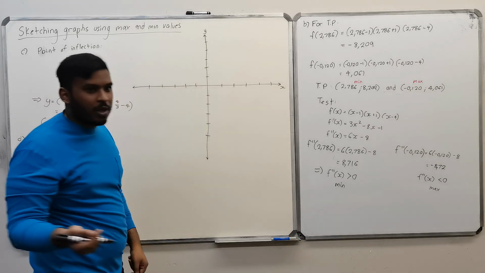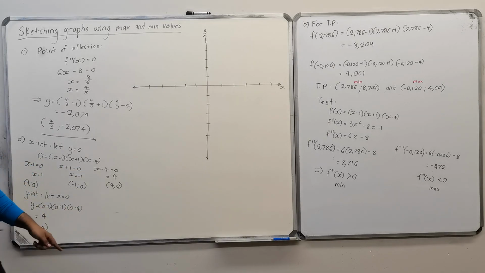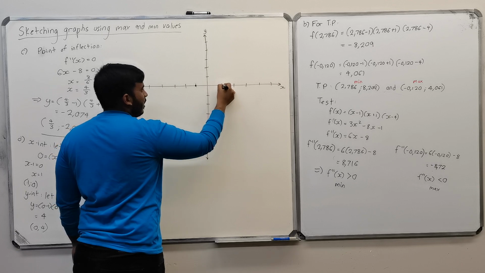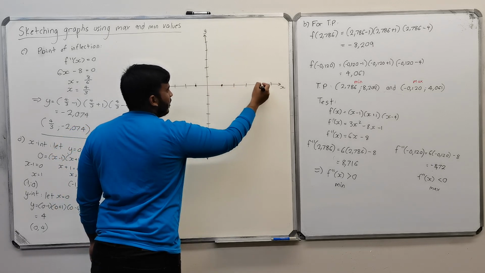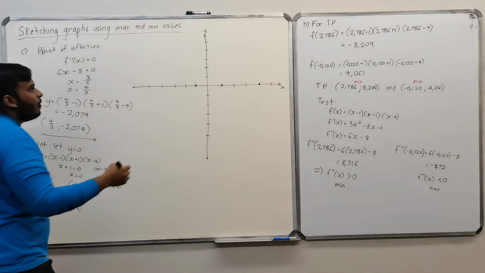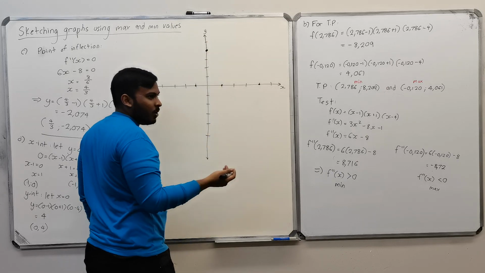Let's start with our x-intercepts first, right? It's 1, minus 1 and 4. So this here is minus 1, 1 and 4. Then our y-intercept is 0 and 4. 1, 2, 3, 4. That's our y-intercept.